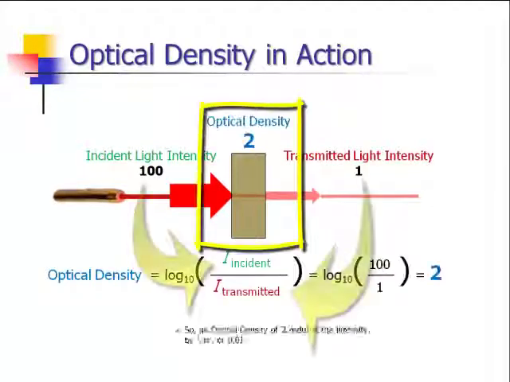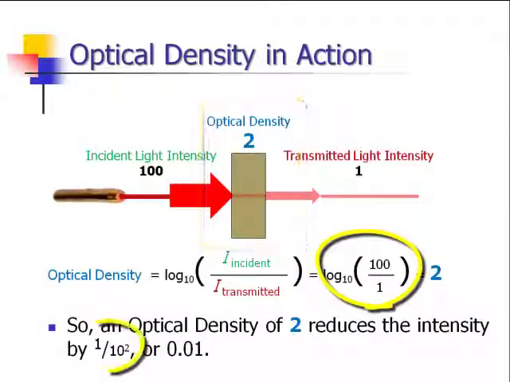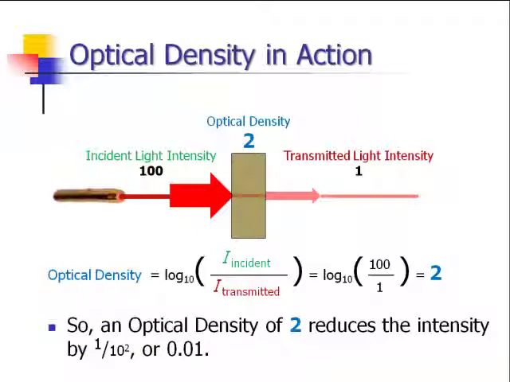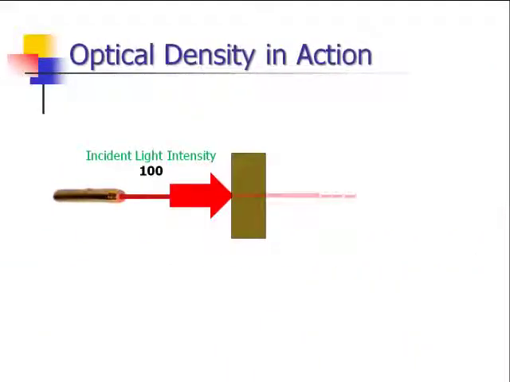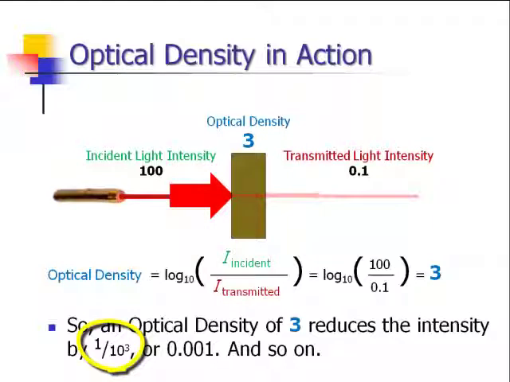If we have an optical density of 2, then 1/100th of the light is transmitted through the specimen. And if we have an optical density of 3, we have 1,000th of the light being transmitted through the specimen.